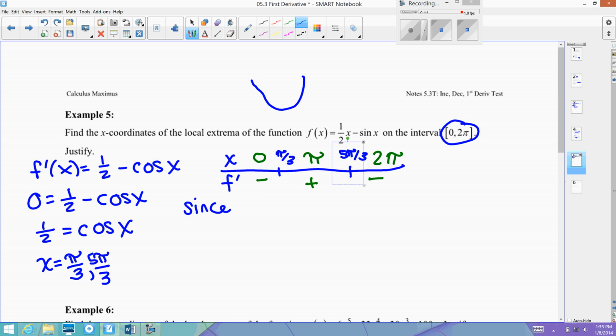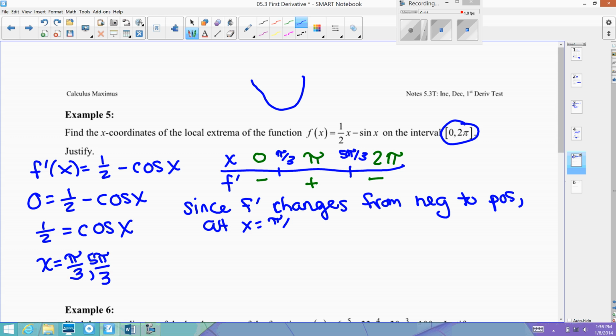All right, since f prime, or the derivative, changes from negative to positive, and you have to write this out every single time, at x equals 1/3 pi, f has a relative minimum at x equals 1/3 pi.